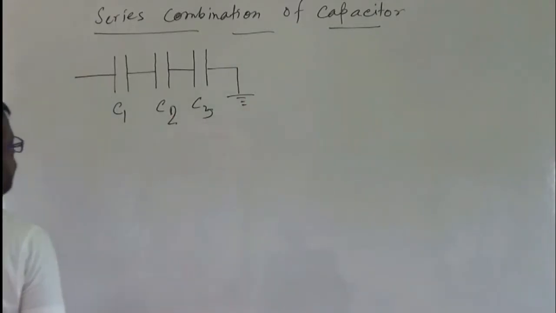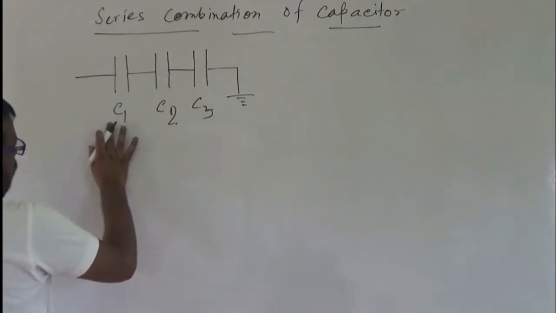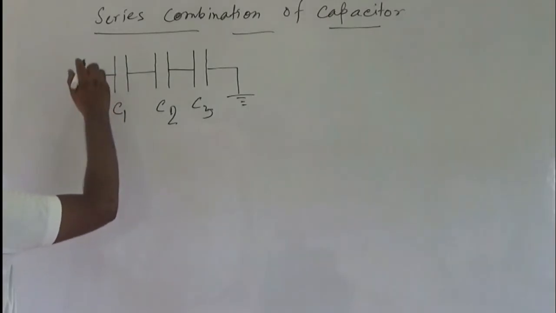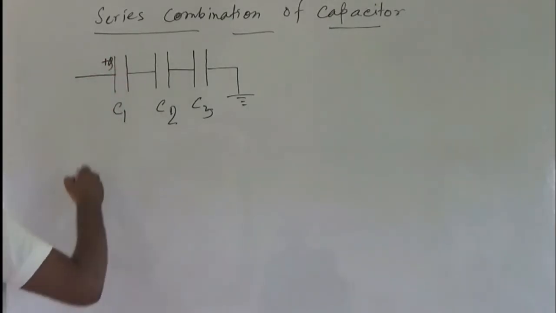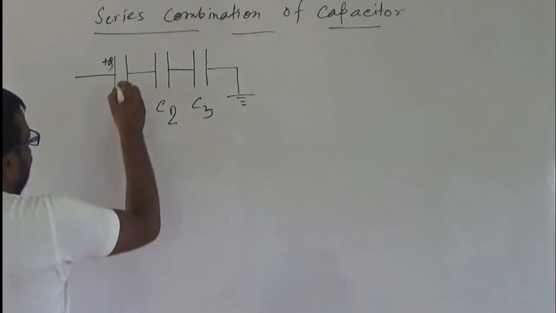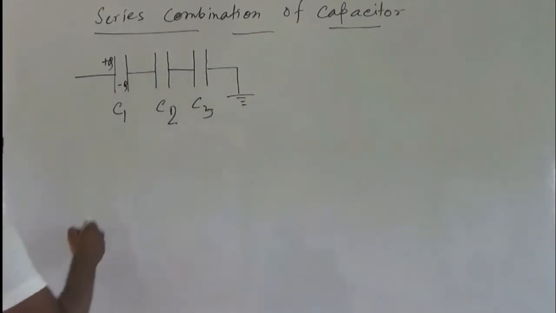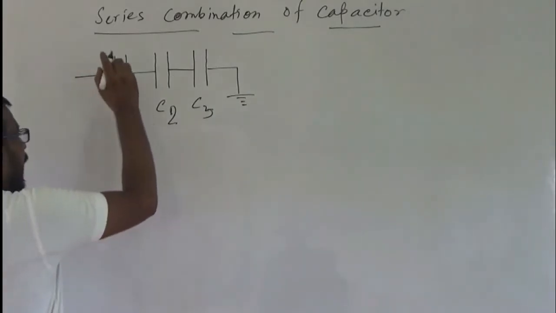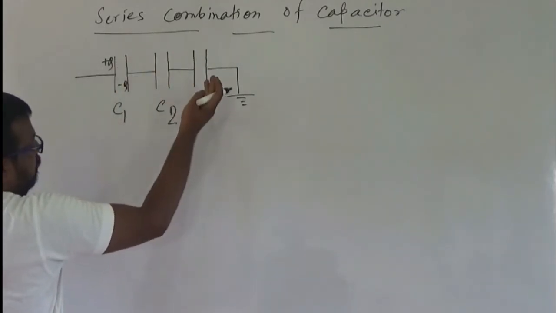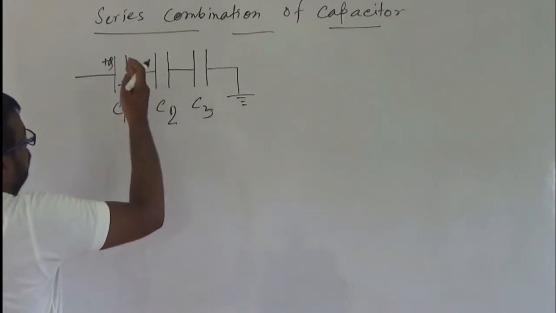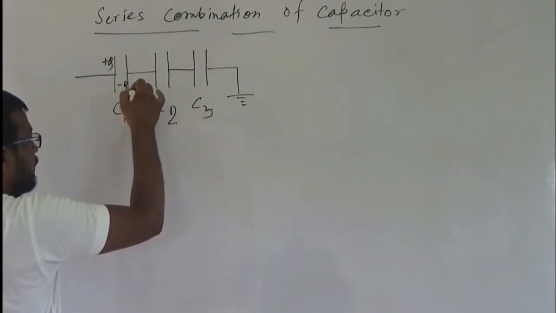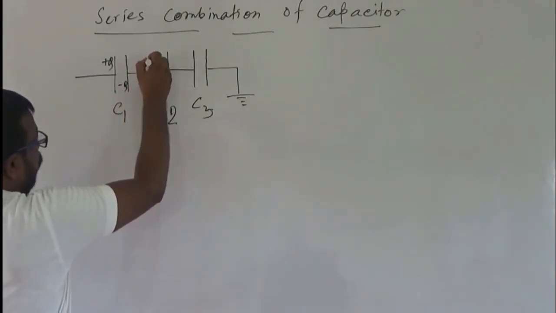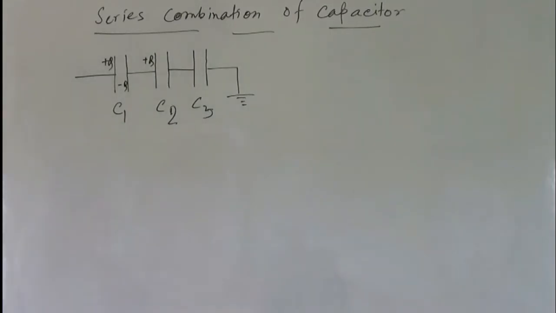Now if the charge given to the first plate is plus Q, then it will induce minus Q charge on the inner side of the second plate of capacitor C1, and the outer side, that is the rear side, will be charged by plus Q, and that will be on the first plate of capacitor C2.